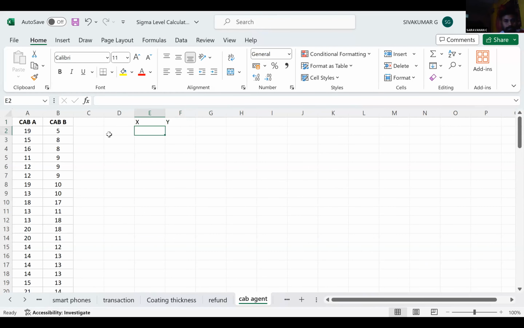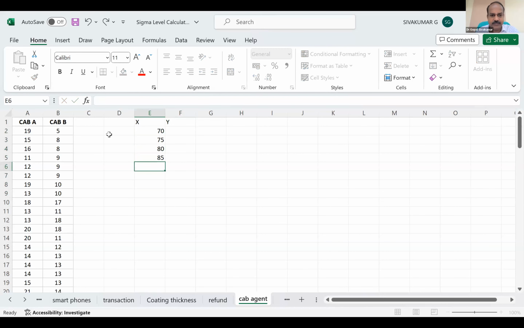Let me say the x is some factor, maybe temperature. X is temperature. I know it will vary from 70 degrees Celsius to, let's say, 70, 75, 80, 85, 90, 95, 100, 105, 110, 115.